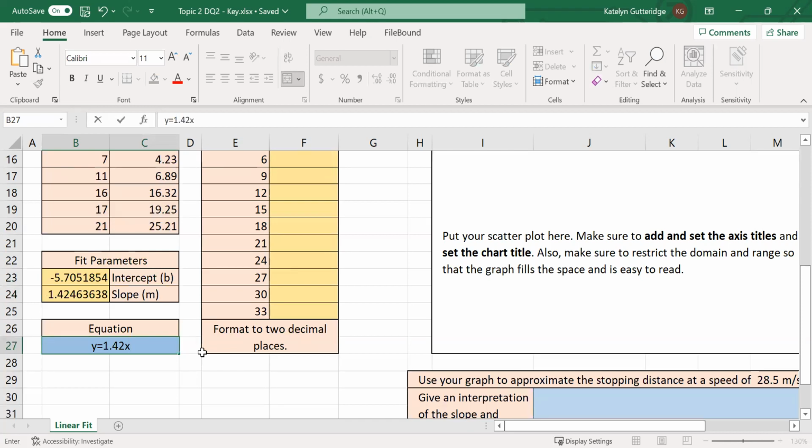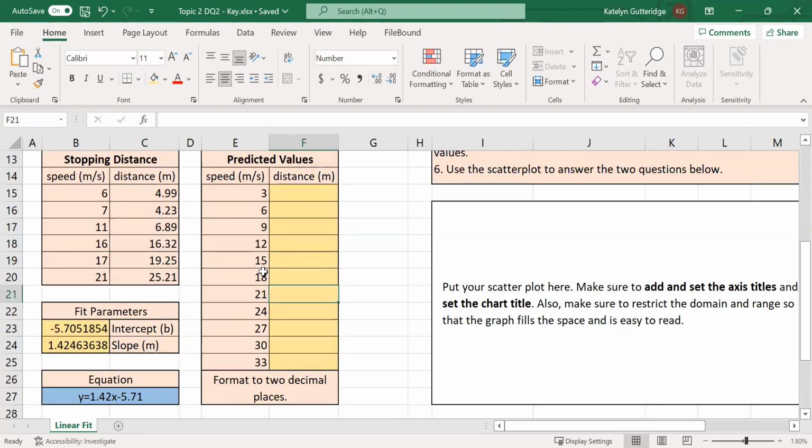Our y-intercept is negative, so I'll do the minus for the negative, and then 5.71 when I round it. So my equation is y equals 1.42x minus 5.71. That's following y equals mx plus b. 1.42 is my slope m. Negative 5.71 is my rounded y-intercept b.